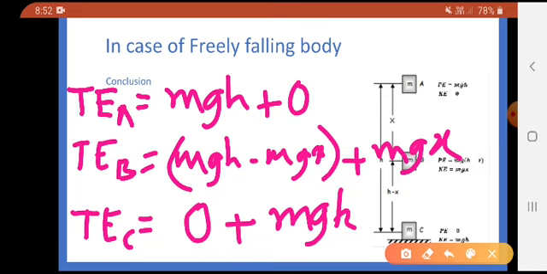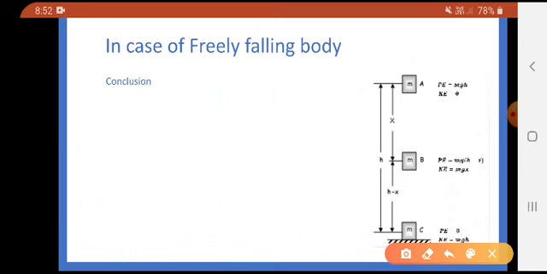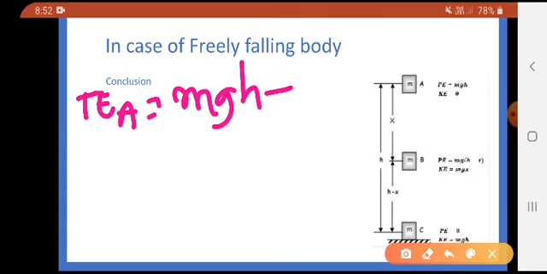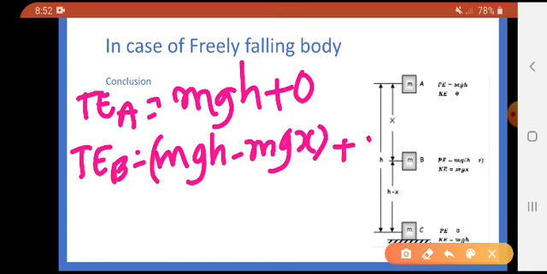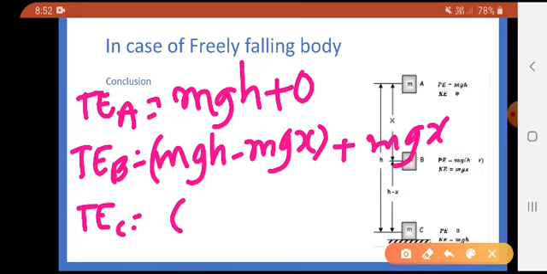Total energy equals potential energy plus kinetic energy.